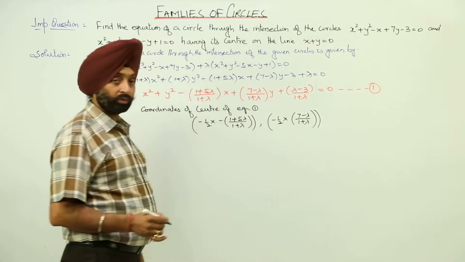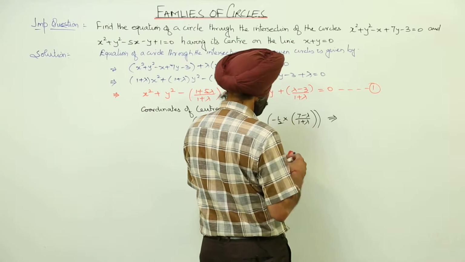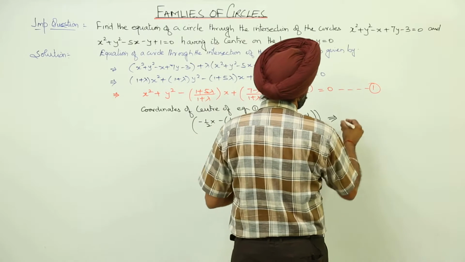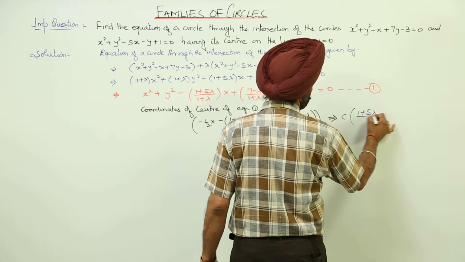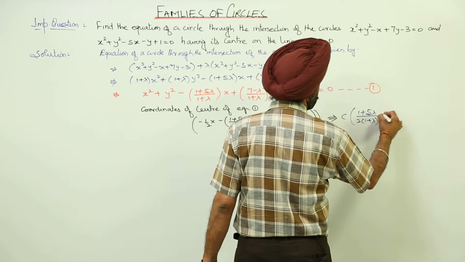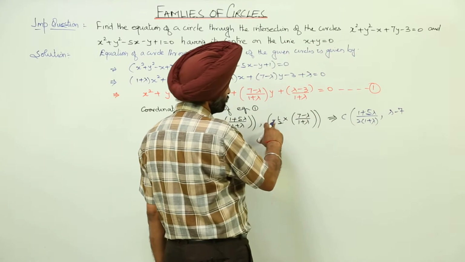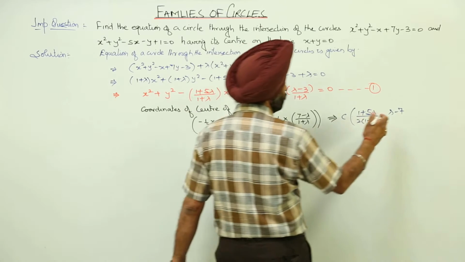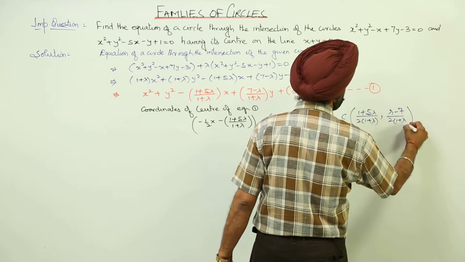These are the coordinates of the center. We can write it as (1 plus 5 lambda) upon 2(1 plus lambda) and (lambda minus 7) upon twice of (1 plus lambda).